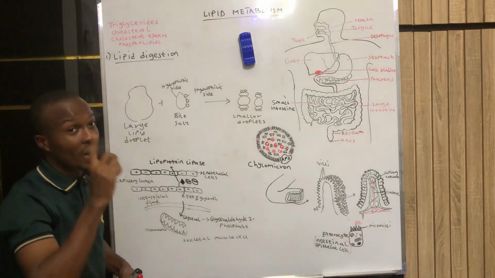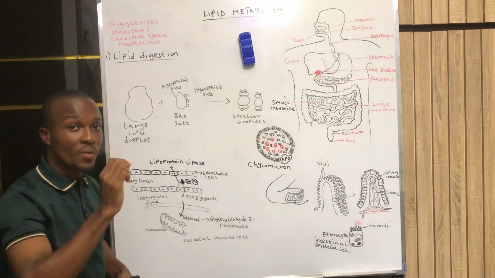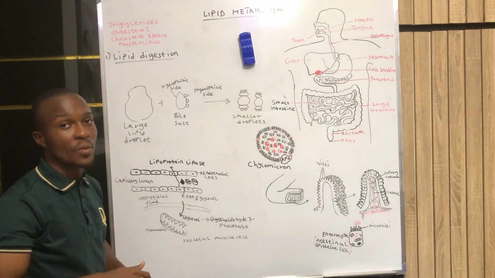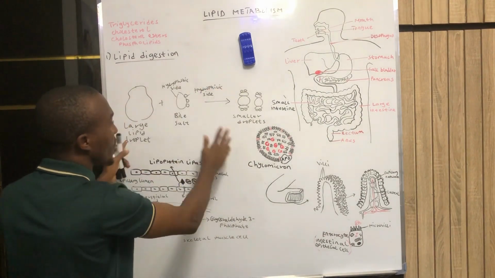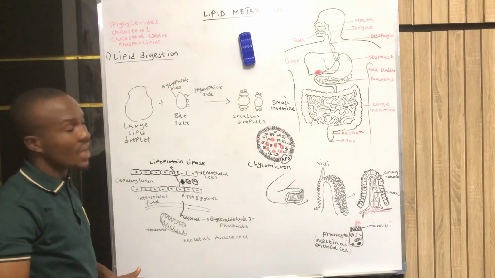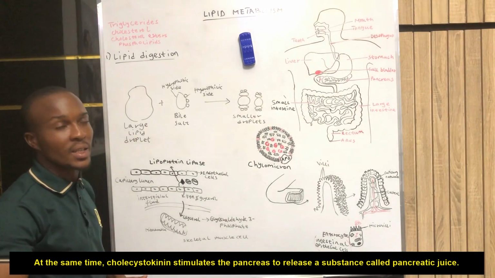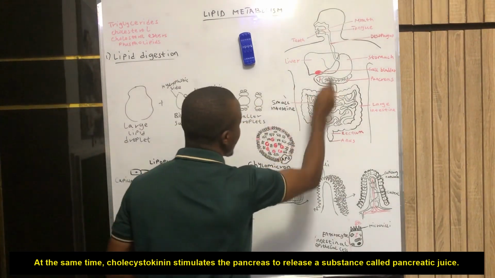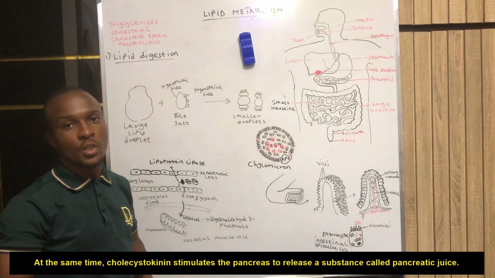And also remember, our basic chemistry tells us that an increase in the surface area increases the rate of a reaction. So this is the whole emulsification process. And at the same time, this same hormone cholecystokinin stimulates the pancreas to release a substance called pancreatic juice.